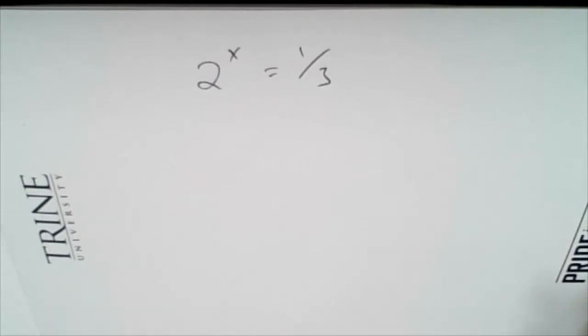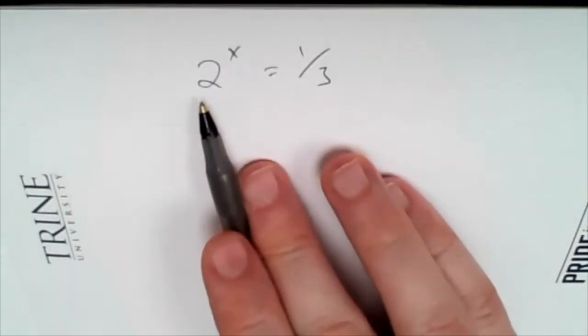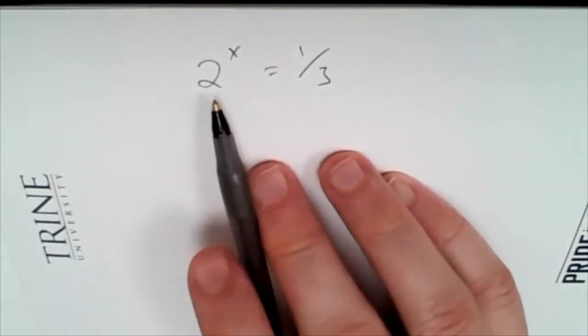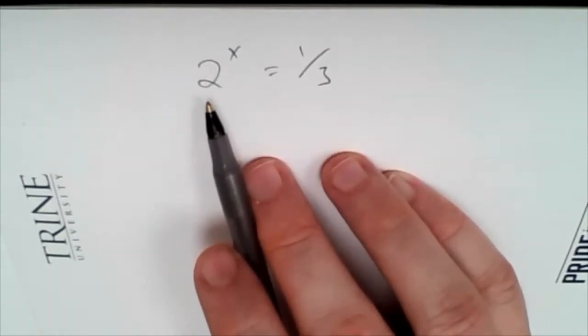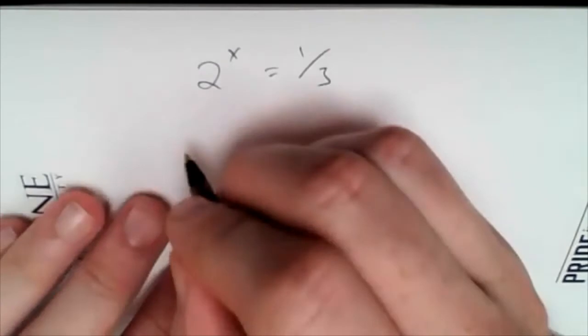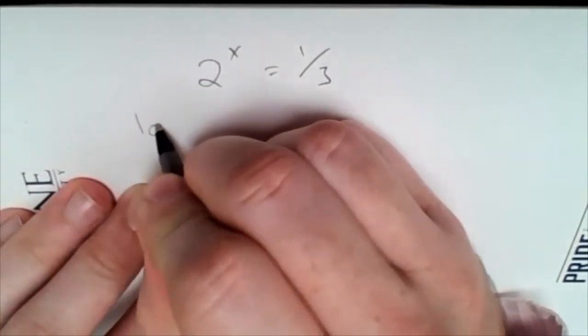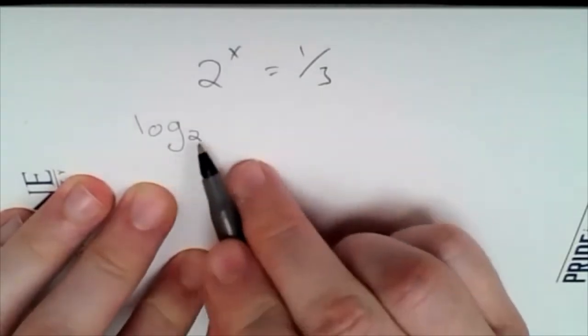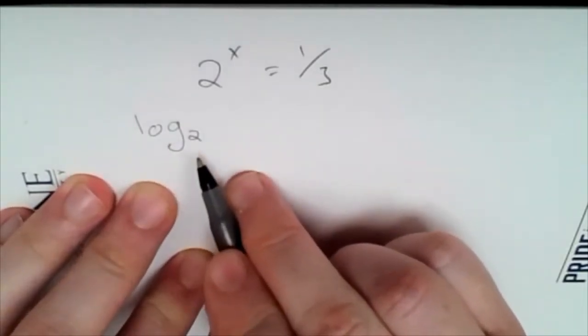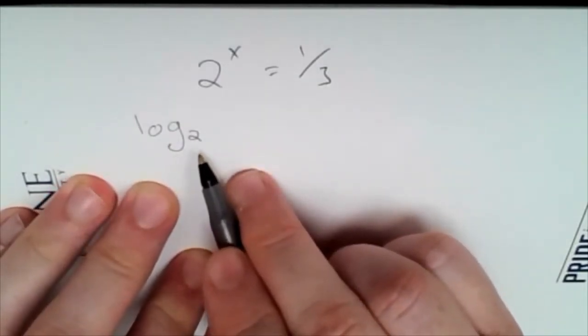Now, it is a little tricky because we always have to match the logarithm to the base here. So this is a base 2 exponential. So to solve this problem, I need to use logarithm base 2. So I've put a little 2 underneath to remind me what I'm using.